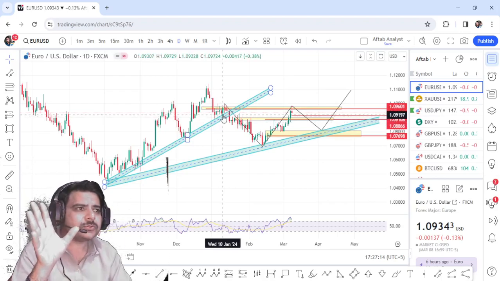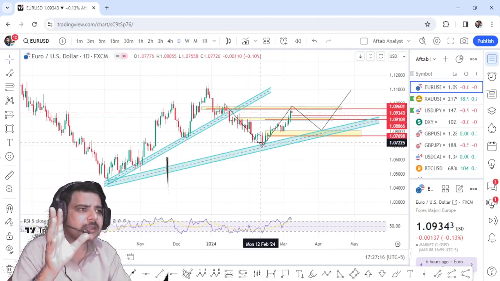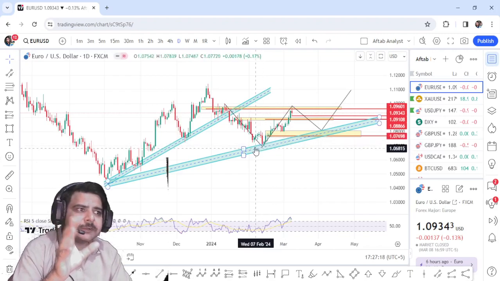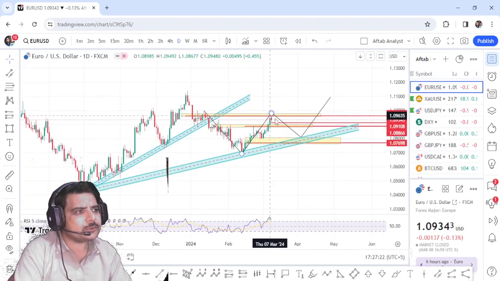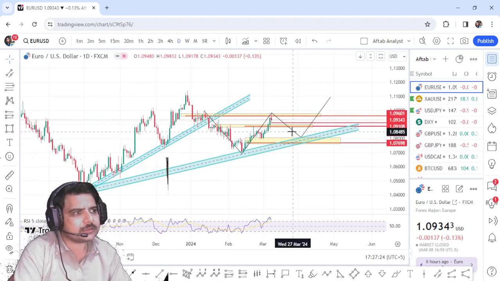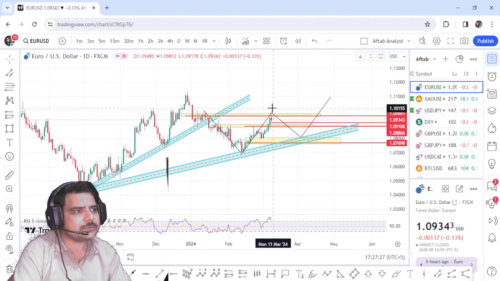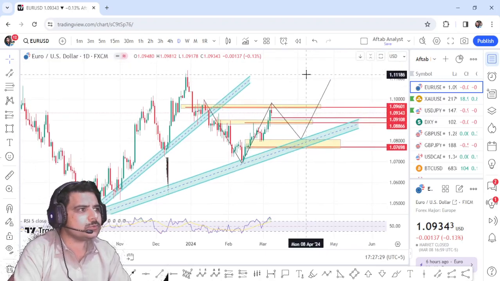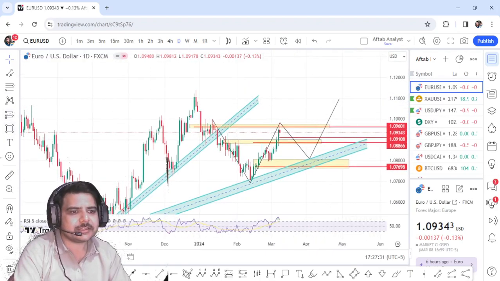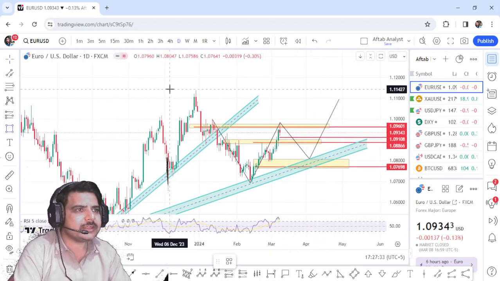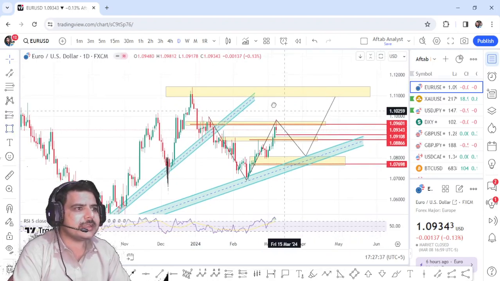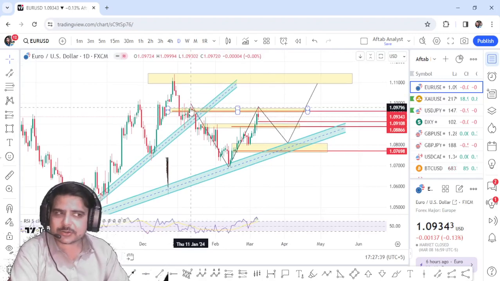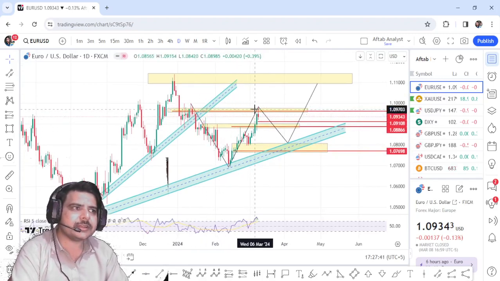Those of you who took buys from here and left the trades open till here, I think for them this is going to be some more buys for some hedging as well. This is one trade opportunity, and if I complete this, it will exactly be completed right here. This is the daily time frame. You see this story started all the way from here and it ended right here.